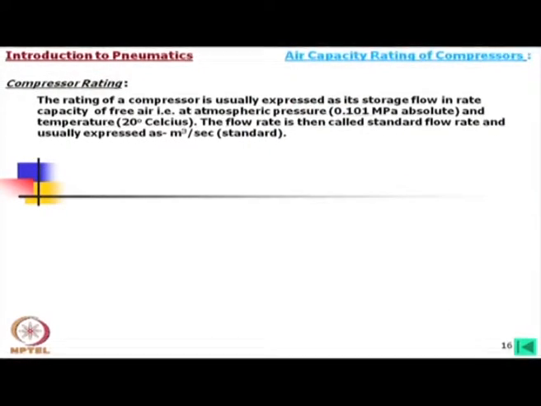Now, if we look into the compressor rating, the rating of a compressor is usually expressed as its standard flow rate capacity of free air, that is at atmospheric pressure, 0.101 megapascal absolute, 14.7 psi, and temperature of 20 degrees Celsius.